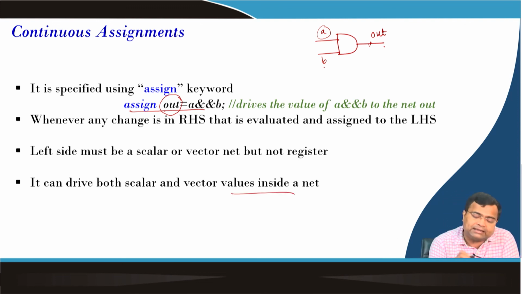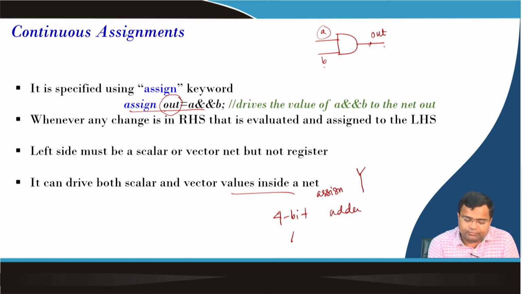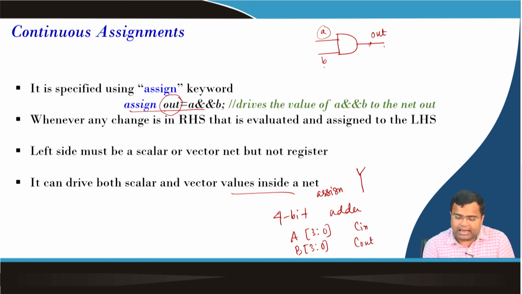But on the right side, if you are writing a vector, for example, a 4-bit adder, what is the input? Let us say input A is [3:0] data, B also [3:0] data, Cin is a scalar, Cout is also a scalar, and we have a sum which is also [3:0].